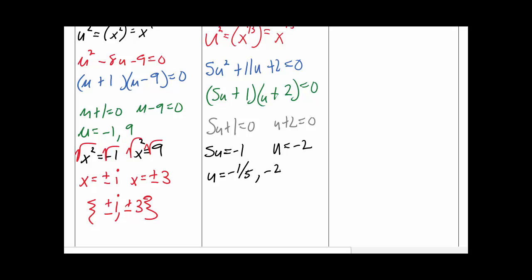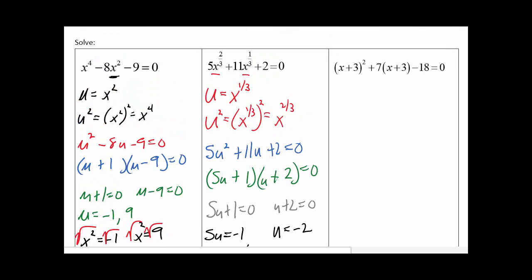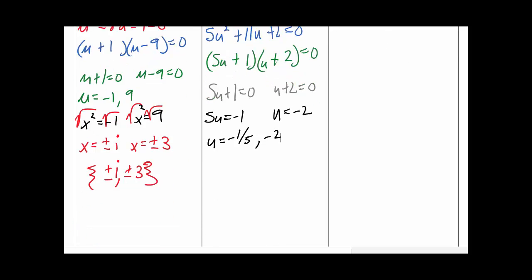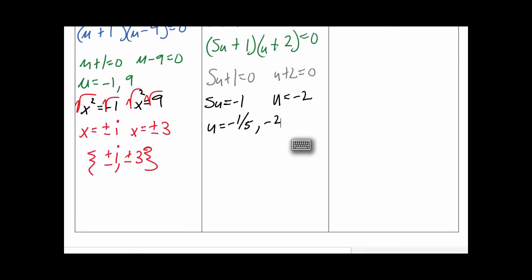Okay, so my goal, however, was not to solve for u, but to solve for x. So I want to write down that those two numbers that I just found are actually solutions in terms of u instead of x. So x to the 1/3 equals -1/5, and x to the 1/3 equals -2.